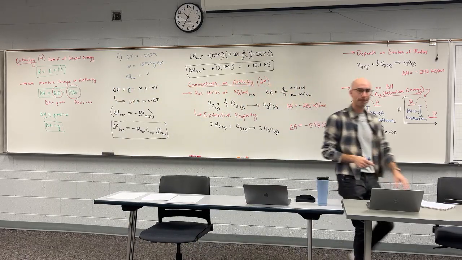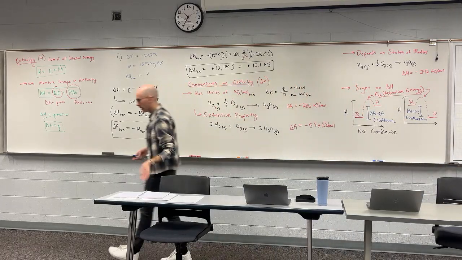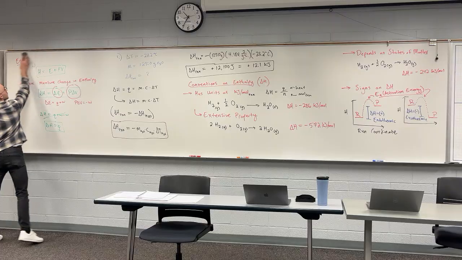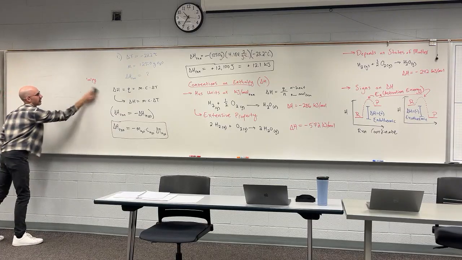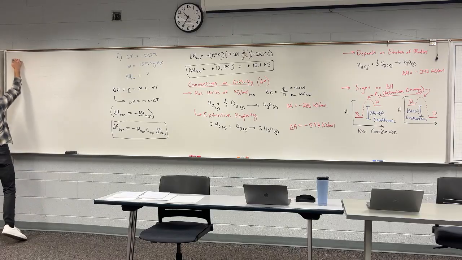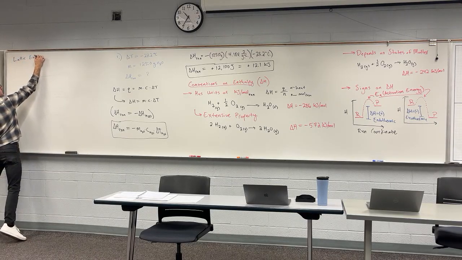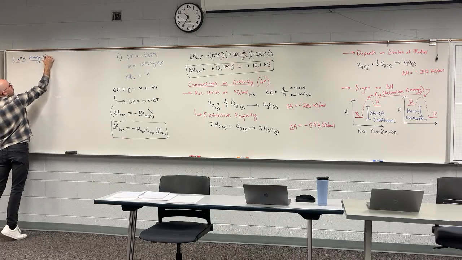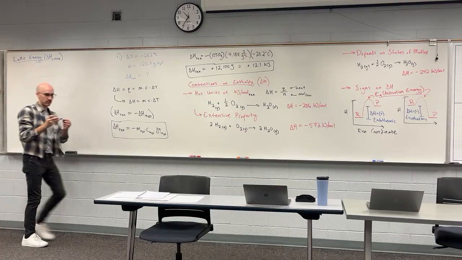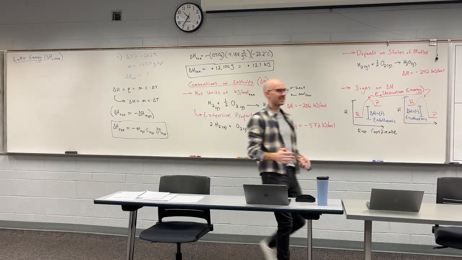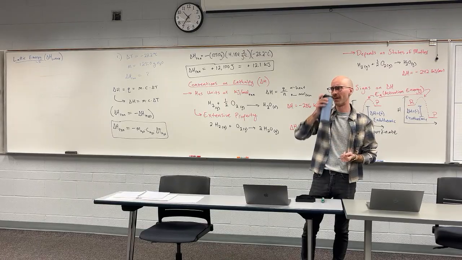All right? Let's talk about the first implication of this unit of enthalpy. We're going to be looking at the lattice energy. Lattice energy is given the symbol delta H lattice. What is a lattice? A crystal lattice, which means what?